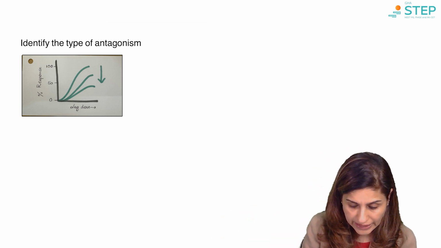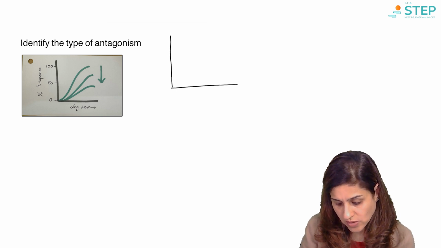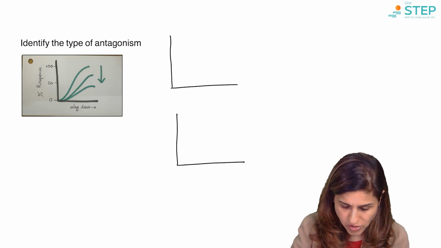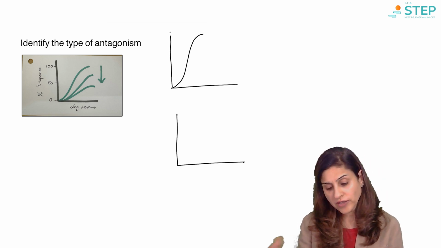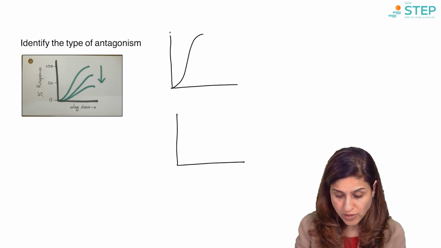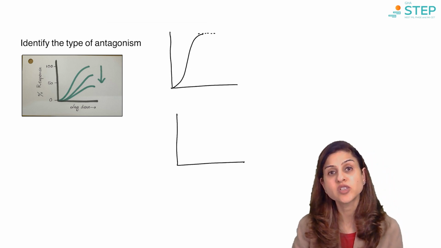So the antagonism, if you see, there can be two types of antagonism. You have to identify. So let's say this is an agonist without any antagonist or any added drug, right? This is how the response is. So this is the maximum response that is achieved.